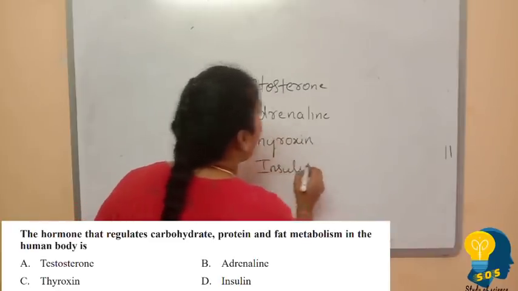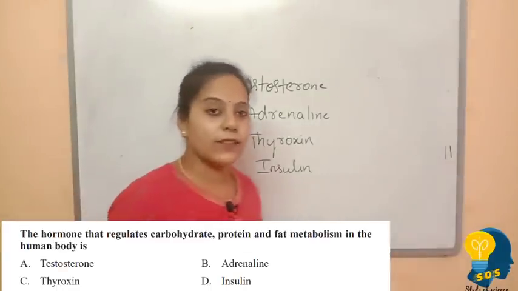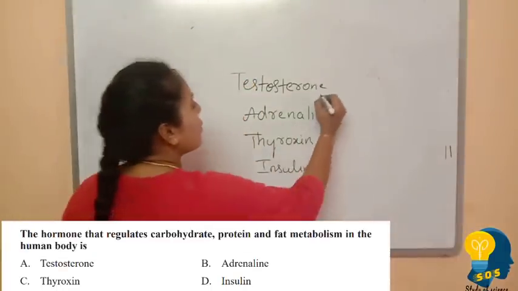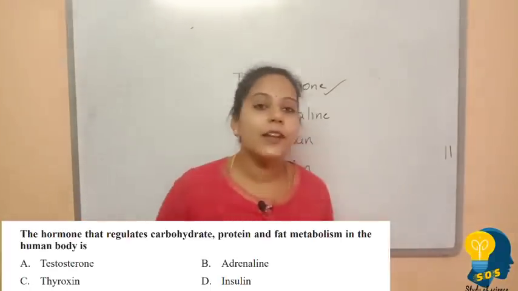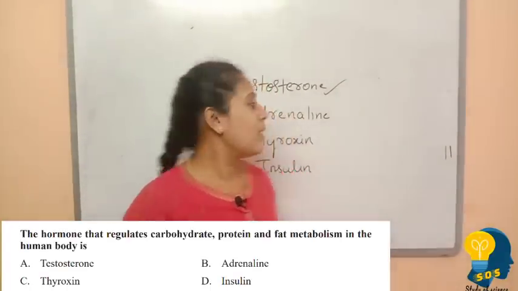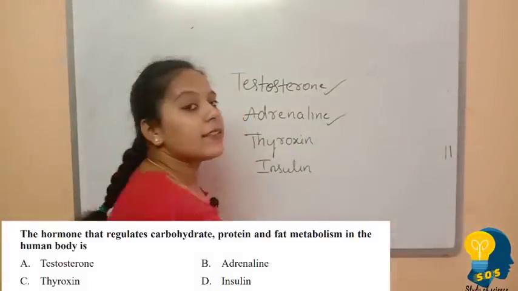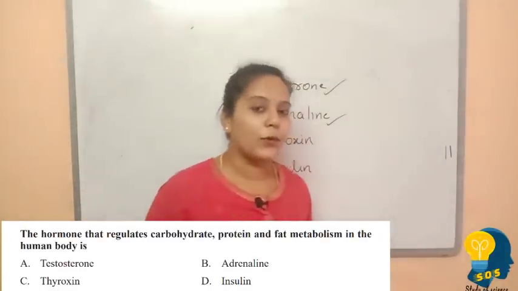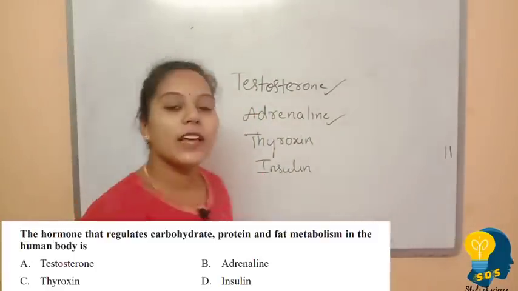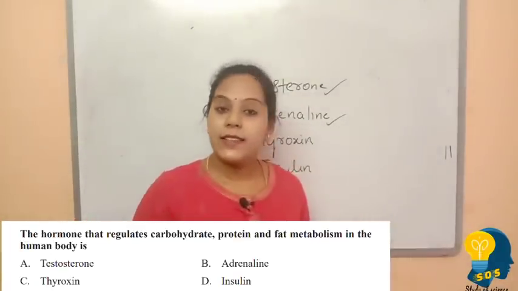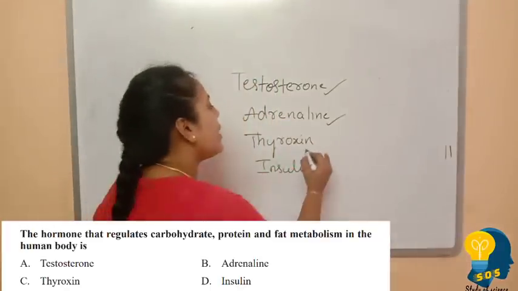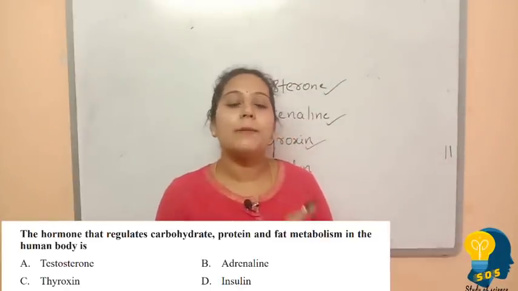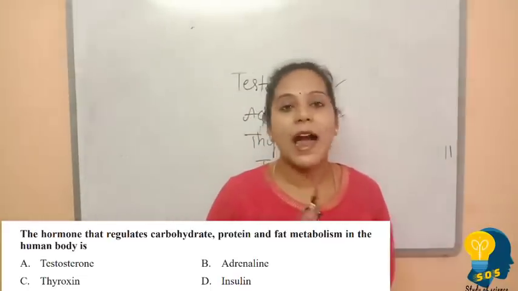See, they told about protein and fat metabolism. What about testosterone? Testosterone is responsible for secondary sexual development in the human male. What about adrenaline? This is the emergency hormone. It is released during emergency conditions, increasing the heartbeat rate, blood pressure and all. What about thyroxine? Thyroxine will help in the metabolism of protein, fats and all.